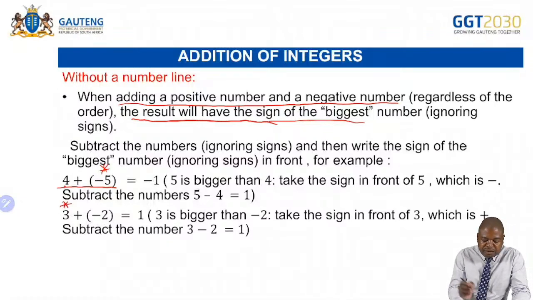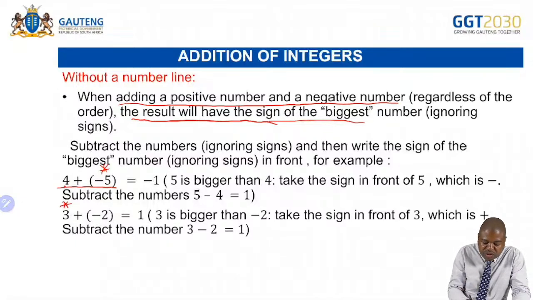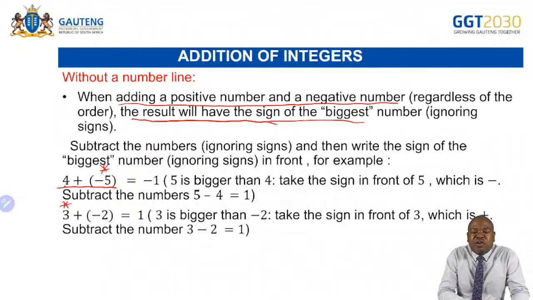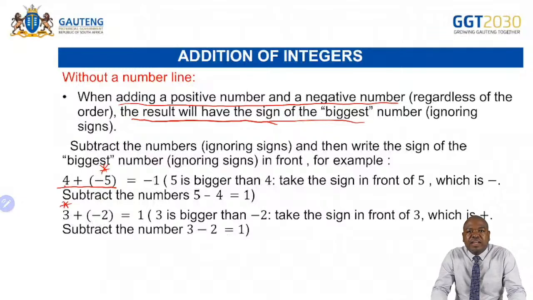So from there, we subtract the numbers ignoring signs. 3 minus 2 gives you 1. But then your answer must have the sign of the number with a greater numerical value, which is 3. So our answer will be positive. So 3 plus negative 2 will be equal to 1. That's what I wanted you to note.